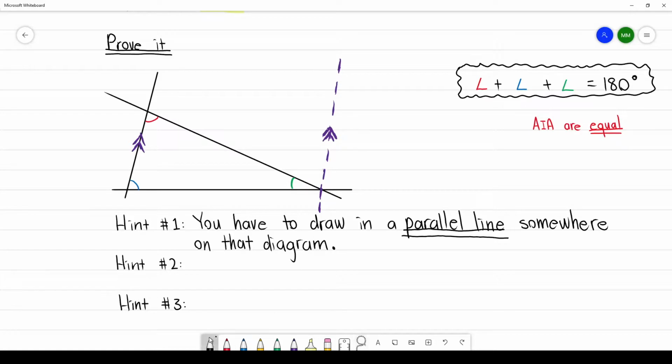Okay, I will give you the second hint. It's actually a reminder, to be honest. So a straight angle is 180 degrees. I just want to remind you that. And a straight angle is a line.